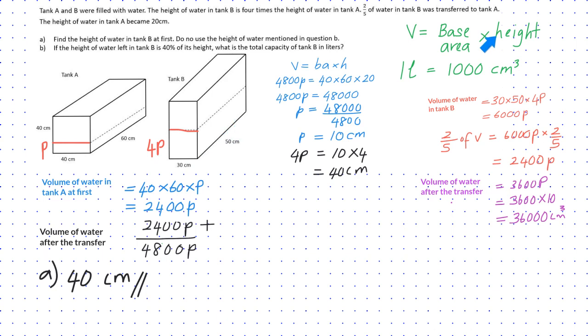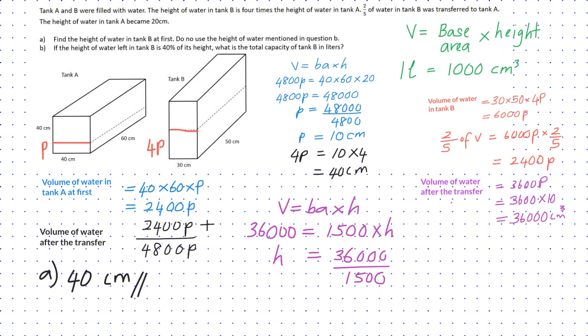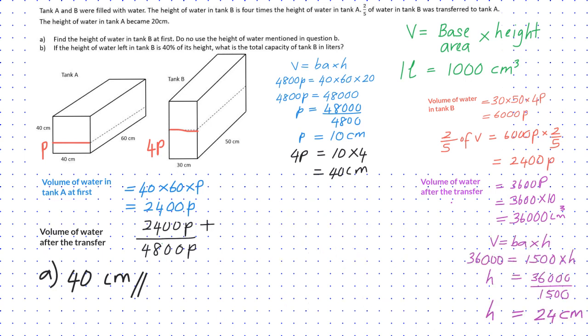So now we are able to calculate the height of the water left in tank B after the transfer, which gives us a height of 24 centimeters. So we are told that this height, which is 24 centimeters, is 40% of the height of tank B. So we need to find the total height of tank B to find the total capacity.